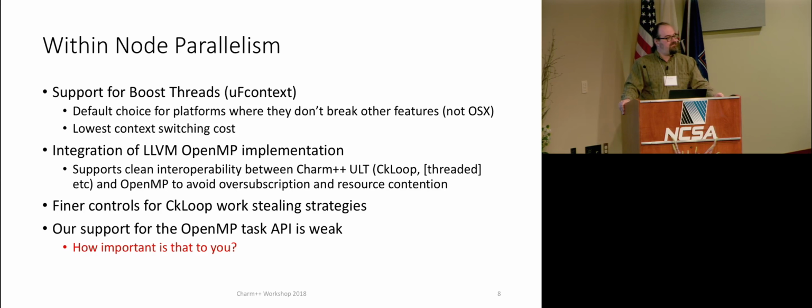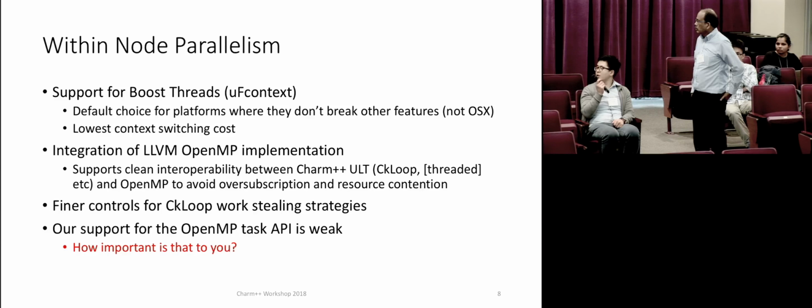Is there any support in this for the OpenMP 4 user-defined reductions? Sunmyang? So OpenMP reduction is supported as it is in standard OpenMP. So you can use OpenMP reduction on the integrated runtime. But what about user-defined reductions?